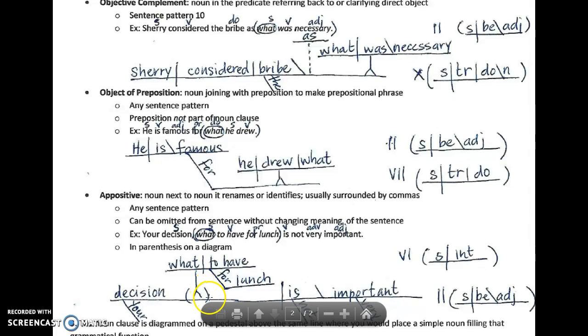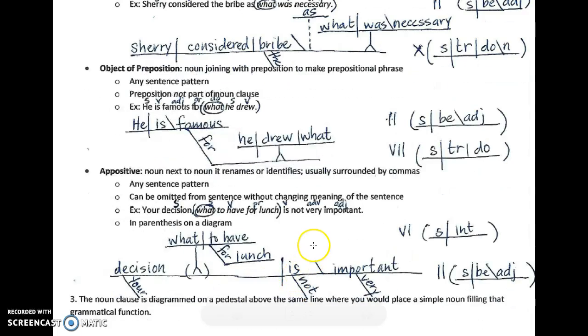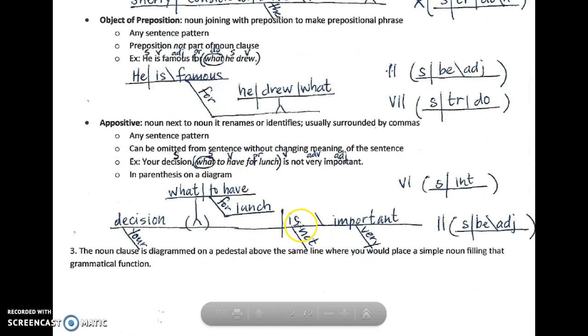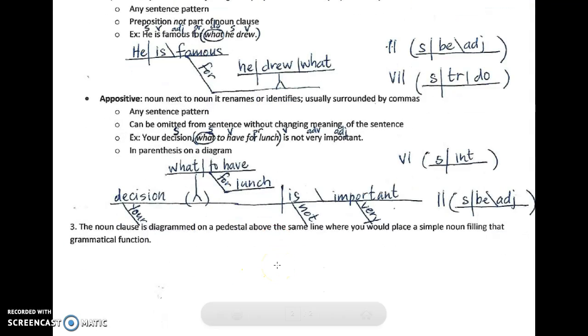You're going to have the appositive in parentheses following that noun. You're going to diagram it. So what is the subject? To have is the infinitive verb. And then we have the prepositional phrase here. And then I go back to my main part of the sentence and diagram my verb, my adjective, and my modifiers down below. I hope that helps.